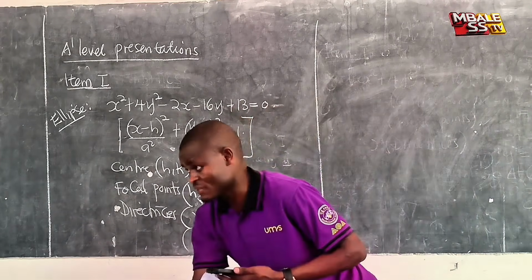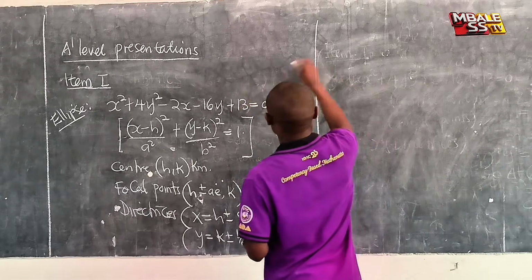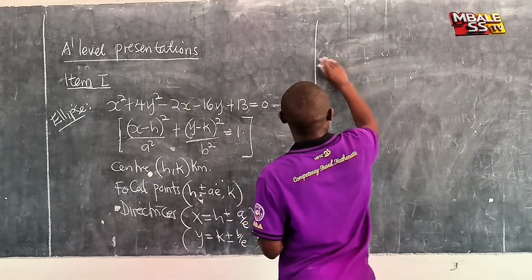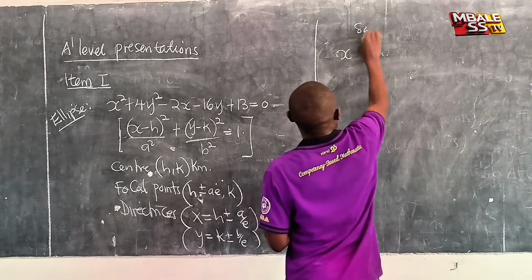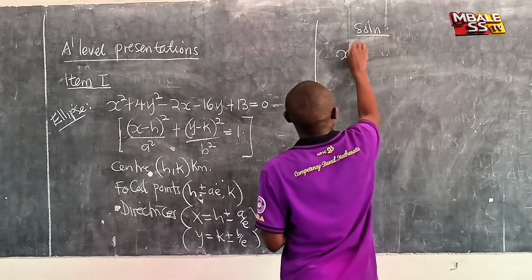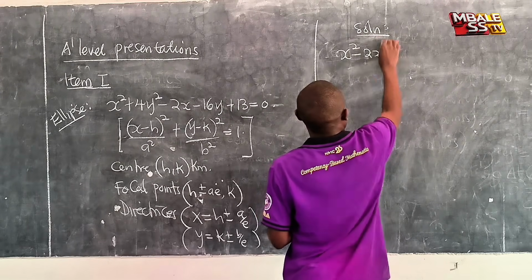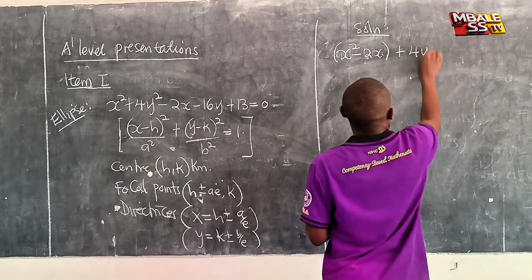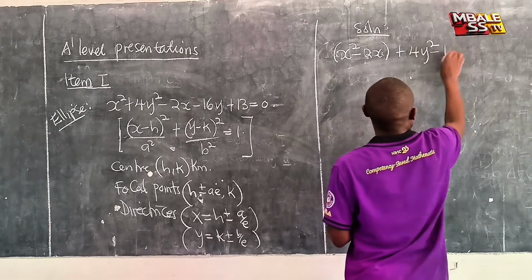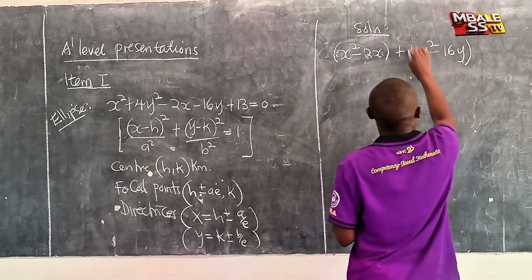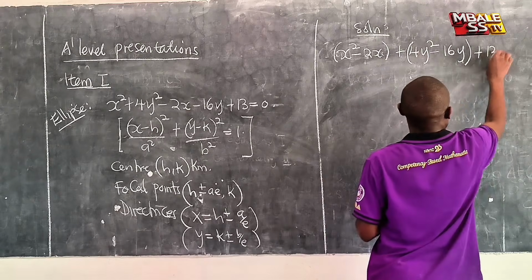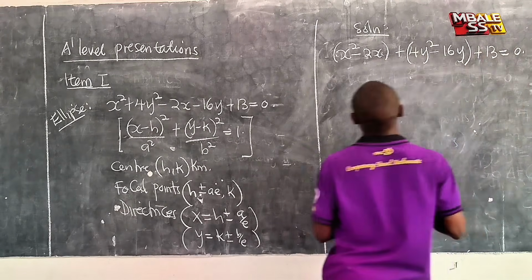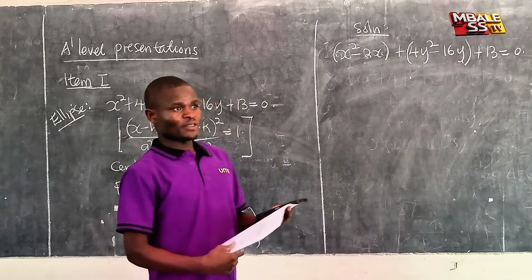Having analyzed the 3 points, we are now going to group these terms, the x terms together. So we are now in the solution. We shall have x squared minus 2x grouped together, then 4y squared minus 16y also grouped together, then plus our 13 equals 0.